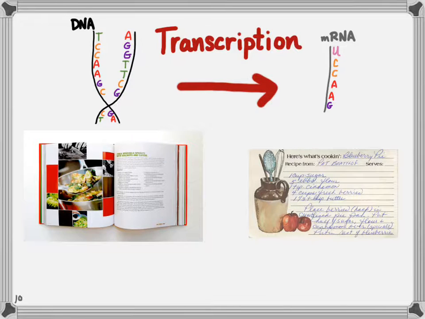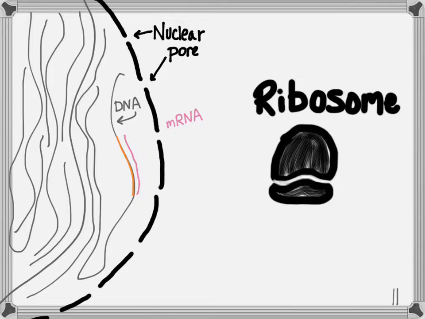Much more portable. This little copy of the information from the DNA can now leave the nucleus through a nuclear pore. These are the little holes that cover the surface of the nucleus. And once it leaves the nucleus, it can travel all the way through the cytoplasm out to the ribosome.